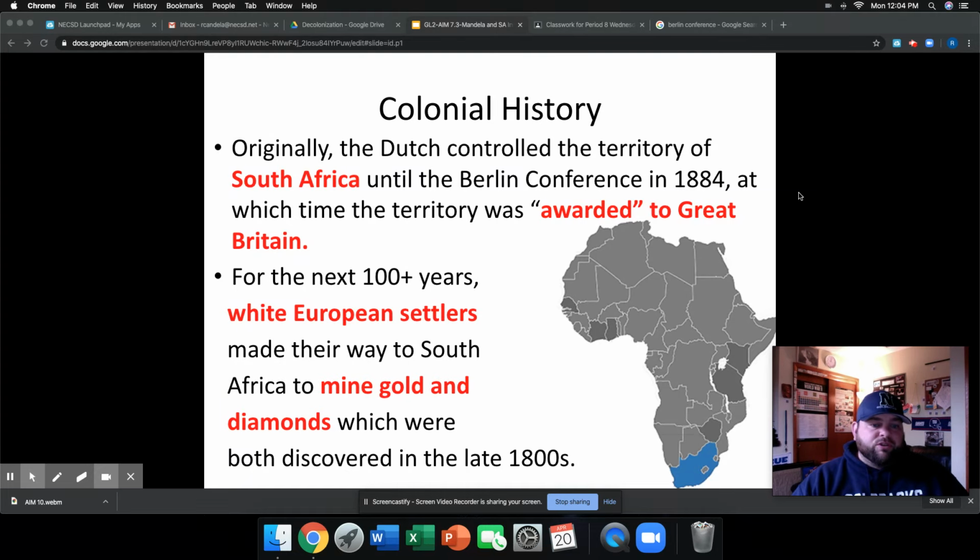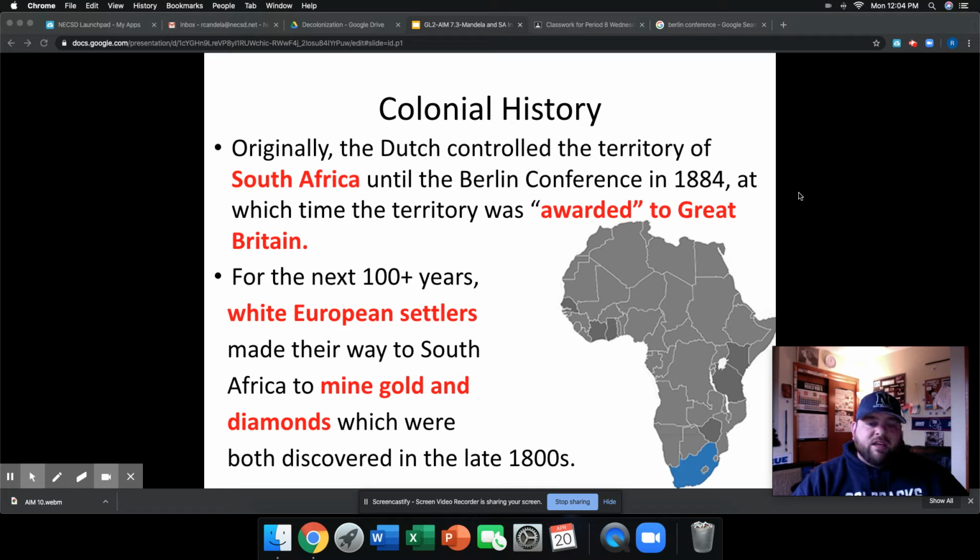So for the next 100 years, white European settlers are going to dominate South Africa. If you think back to imperialism and what the purpose of imperialism was, they're there to mine gold and diamonds, which were discovered there in the late 1800s. So there is incredible wealth in the resources that can be stripped from South Africa.